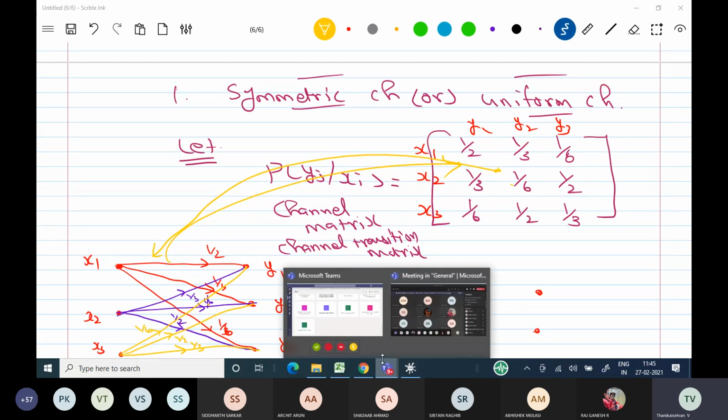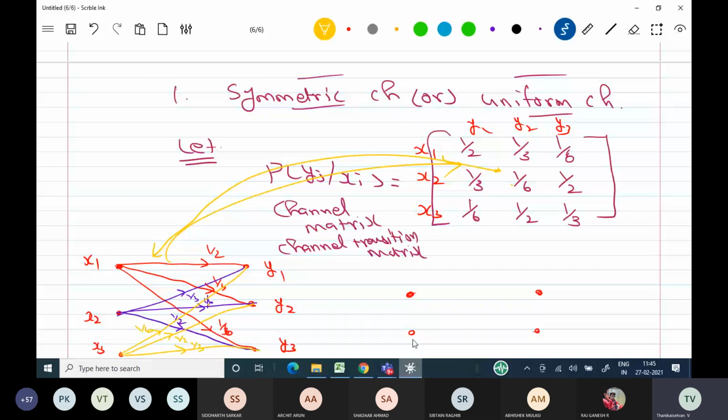Students, please tell me whether you have understood or not for drawing the channel diagram from the channel matrix. Yes, sir. Okay. You read this matrix. You read all the rows.